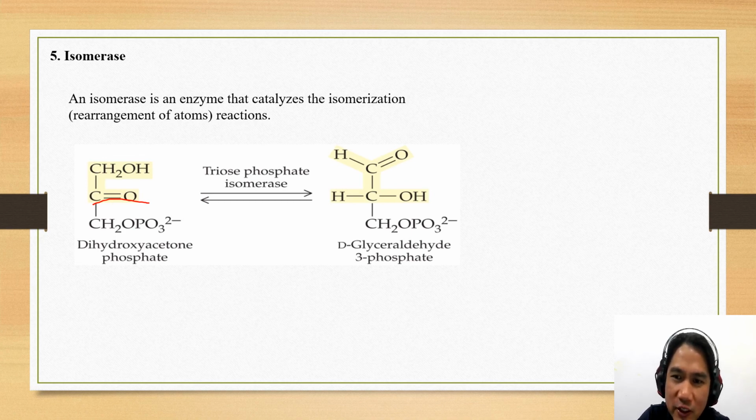When this rearranges, it becomes a secondary alcohol. If you count the number of atoms, you will find the same number of carbons, hydrogens, oxygens, and phosphorus. So it is a rearrangement of the structure, but the molecular formula is the same, while the structure differs.